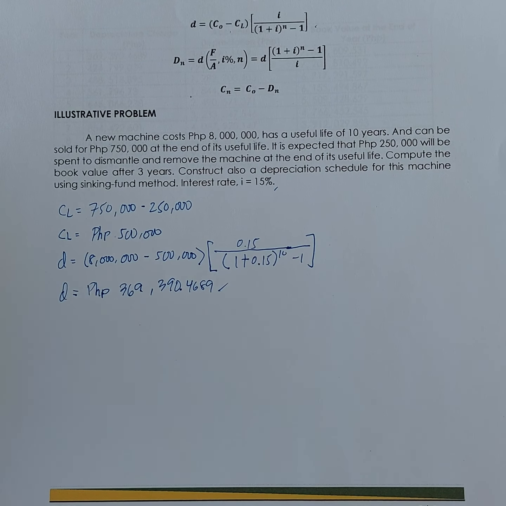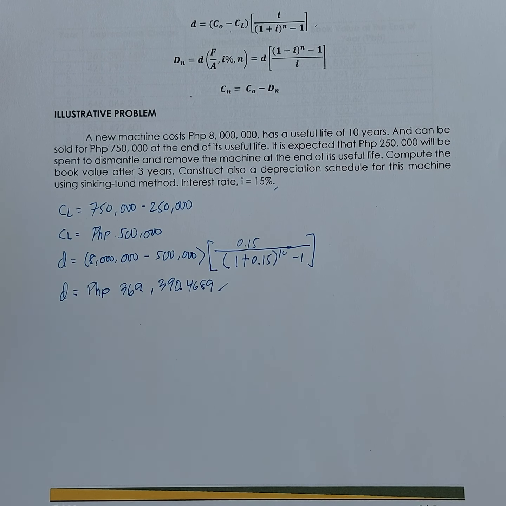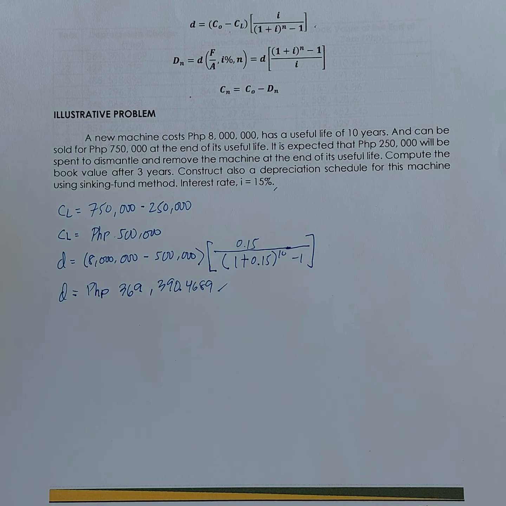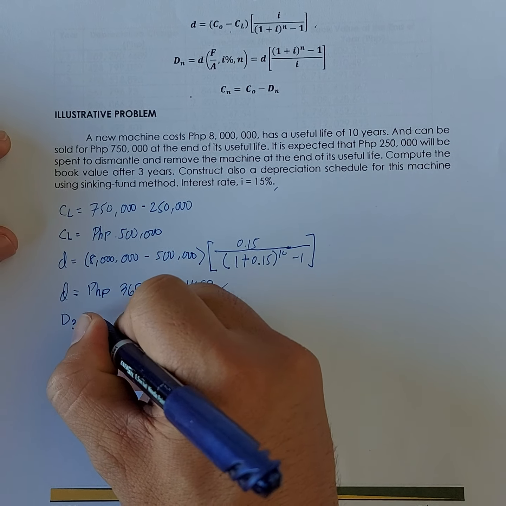If we know the accumulated depreciation, then we solve for the book value. We simply subtract the original cost, and then the original cost minus the depreciated value, or accumulated depreciation after 3 years. Okay, so first we need to solve for D3.